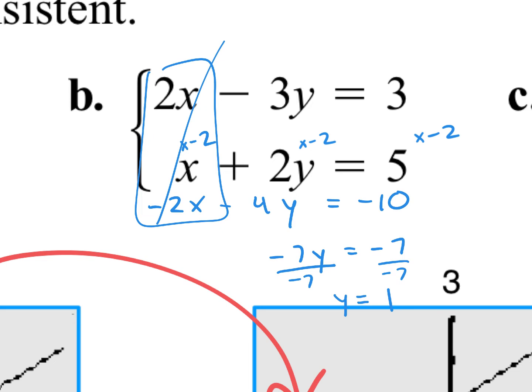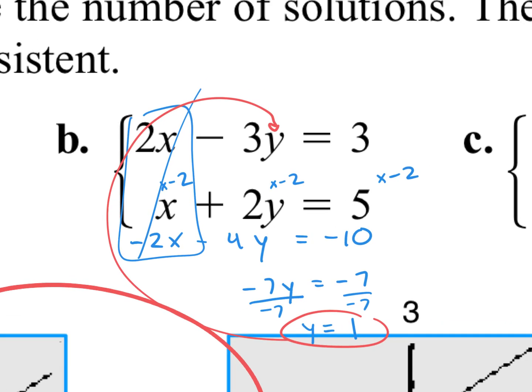How do I find x? Plug it in. I'm going to plug it into the first one, just because I have a little bit more space above it. So I have 2x minus 3y is equal to 3. Y is 1, so I'm plugging in 1 for y. So 2x minus 3 is equal to 3.